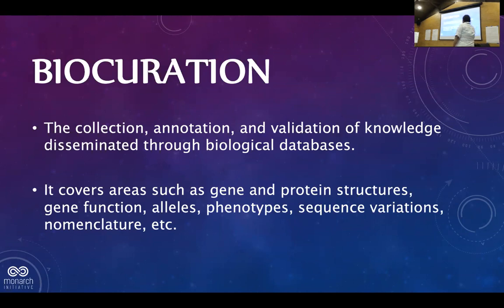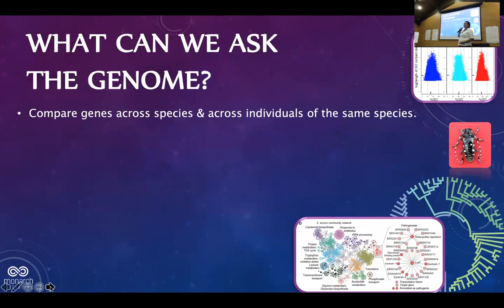When we're talking about curation, we're covering areas including genes and protein structures, gene functions, alleles, sequence variations, phenotypes, nomenclature. We're not just talking about genes and gene models. Morgan was sharing with us the kinds of things that you can answer with your genome, and I've listed a few of the things that people usually ask.